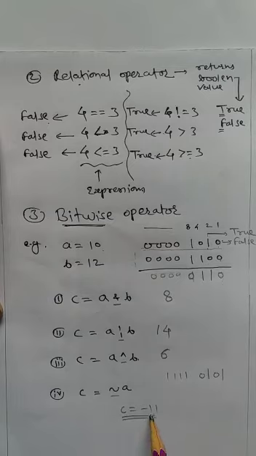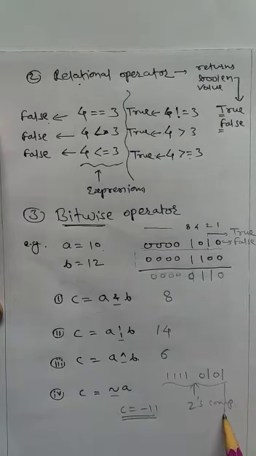What does it represent? It represents that the number is written in 2's complement form. And to get this value 11, what you have to do is take its 2's complement. So how to take 2's complement? See, from right to left, until you get the first 1, you write it as it is. Here the very first LSB itself is 1, and for the rest you simply complement them.